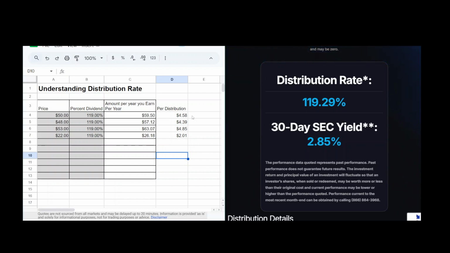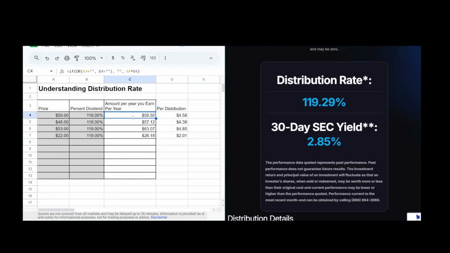It's still the same percentage of the price, but as the price is dropping, the amount that you're actually earning is dropping as well. So if it stays at that $22 for the year, you're looking at earning $26 for the year. So now you're not getting your full 50, even though you put 50 into it, you're only now getting $26 a year.